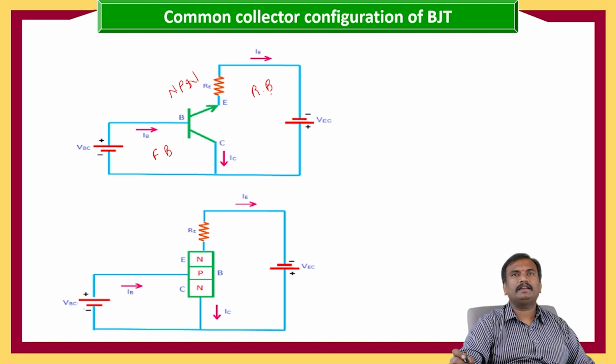So the emitter to collector junction is reverse biased and the base to collector junction is forward biased.